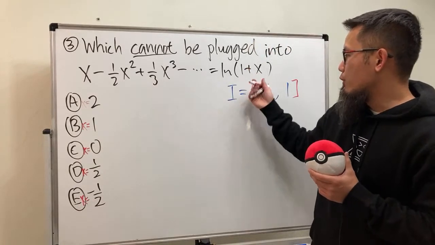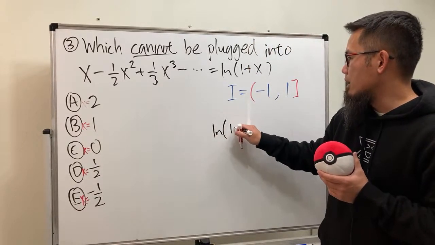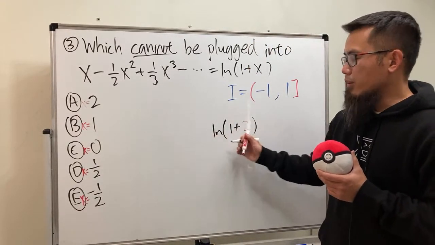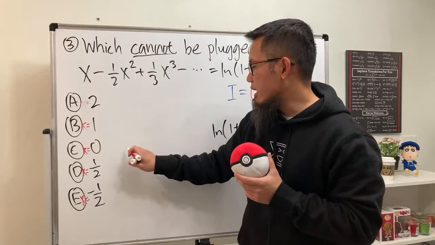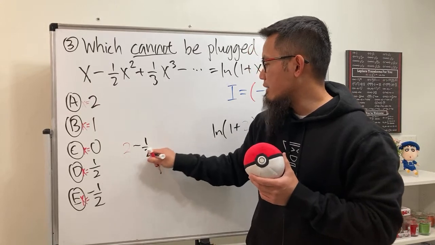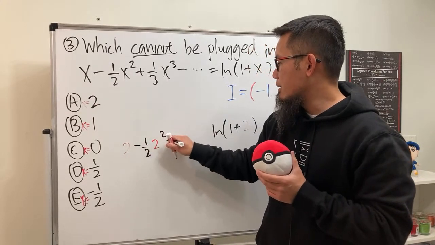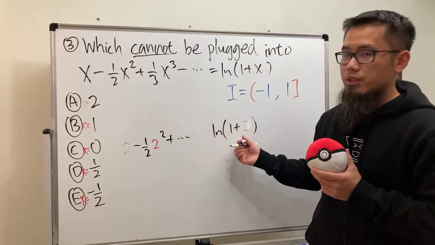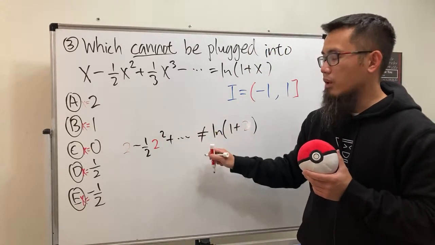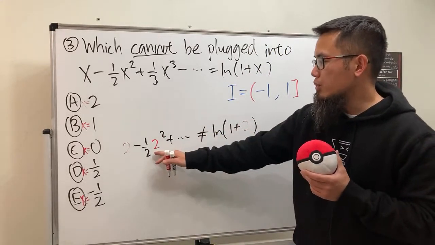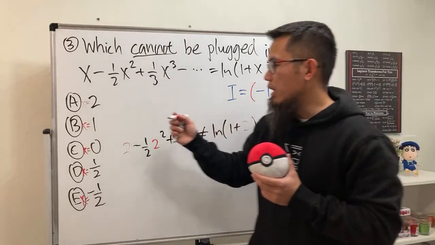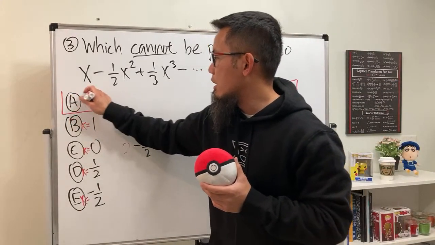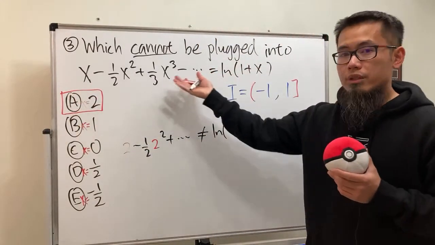Of course, we can just do ln of 1 plus 2. But the problem is that you cannot put 2 in there and say 2 minus 1/2 times 2 squared and all that stuff and it's equal to this. This is not okay. Why? Because 2 is not inside of this interval. Therefore, the answer is A. 2 cannot be plugged into this power series.